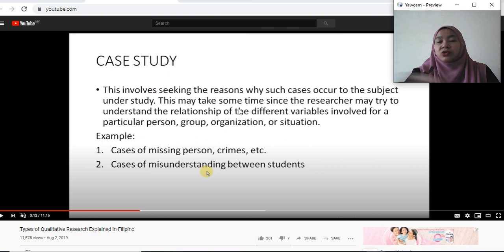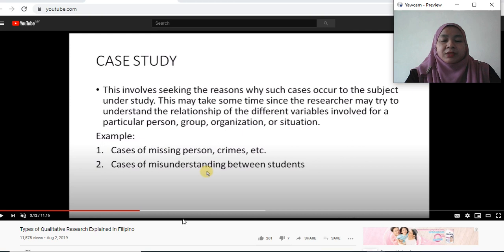You have a certain topic that is difficult, and based on your experience, you see that students have problems with that topic, so you want to focus on those particular students who are not good in that topic. So you do interviews, you do observation, that is a case study.